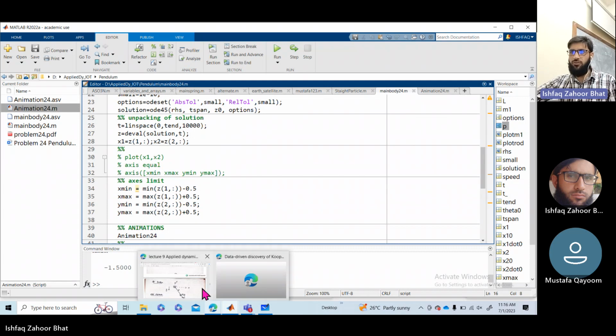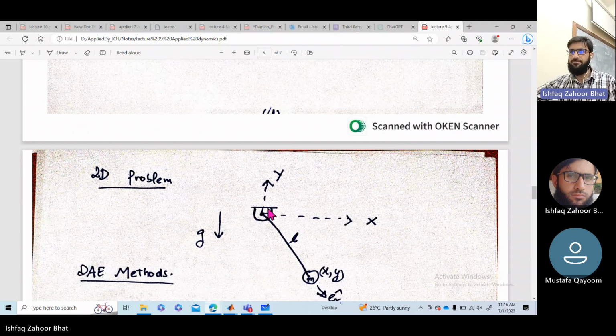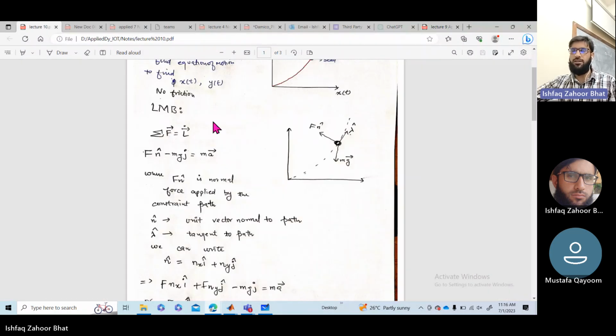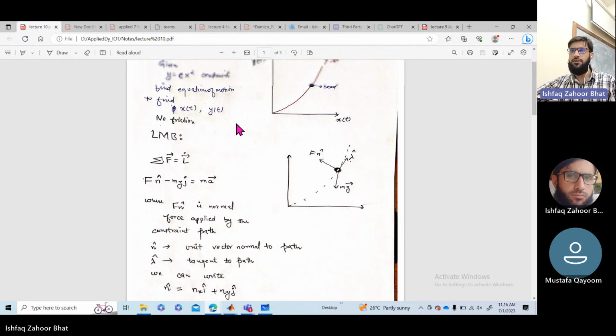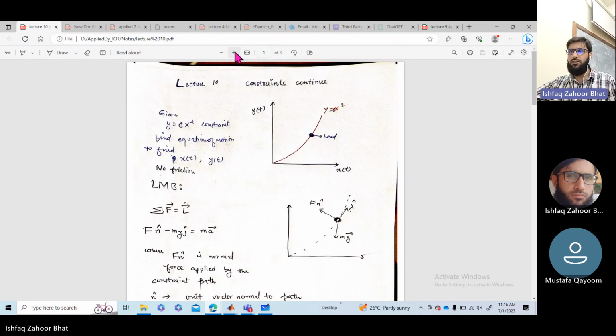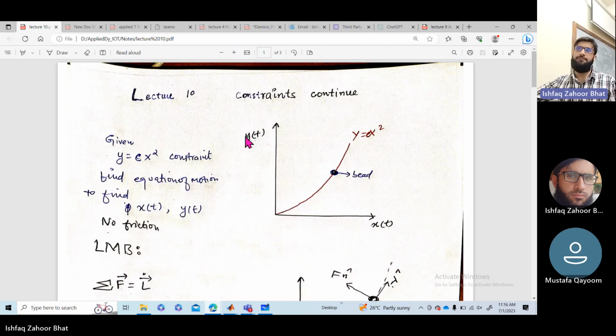Before closing, I want to discuss another problem that is similar to this one, and it will be an assignment for you to generate and simulate. This is from the same family, the constraint problem. We have a path, or you can say a string, and the string is y equal to cx square.